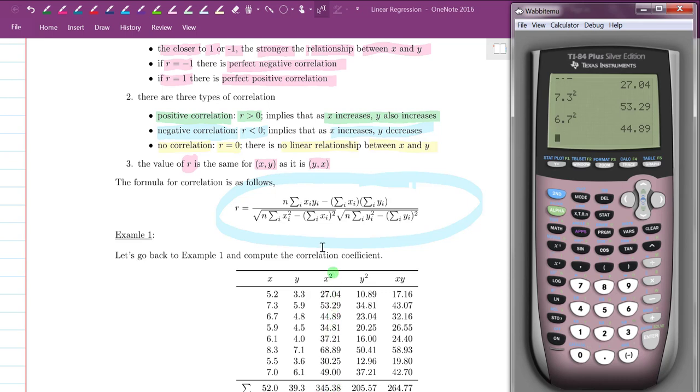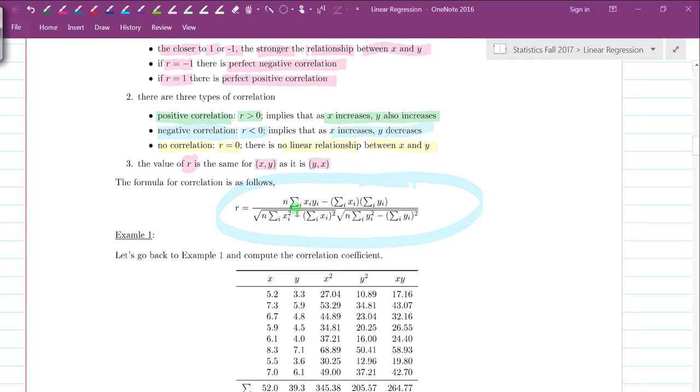So again, this symbol right here says I'm going to take each one of these and square it. I'm going to take that and square it, I'm going to take this and square it. Once I've got them all squared, then I'm going to add them up.